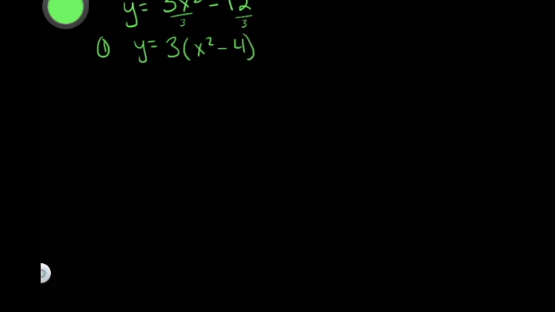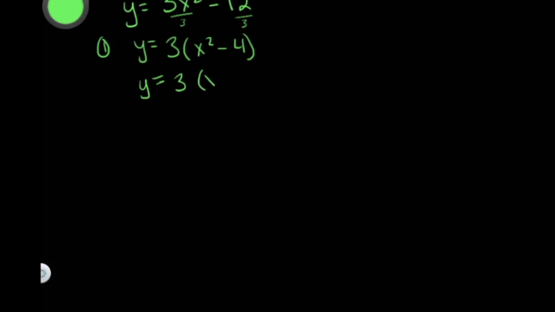So now I have to factor this, right? This is a difference of squares in the bracket. So to do this difference of squares, we have x minus 2, x plus 2, right?